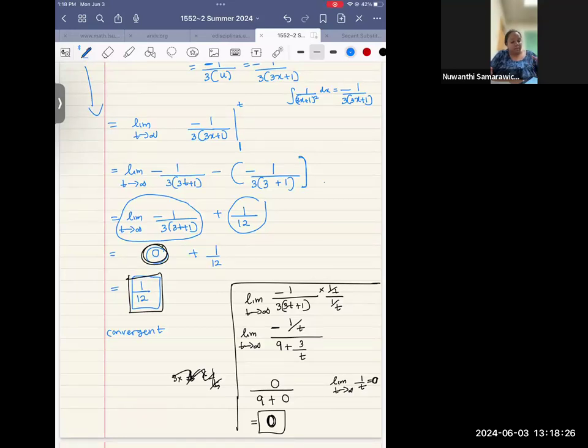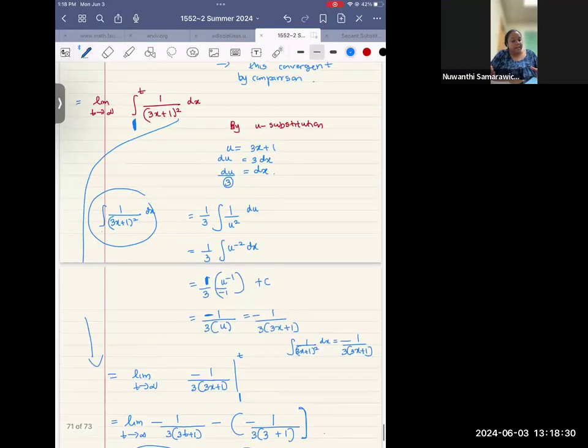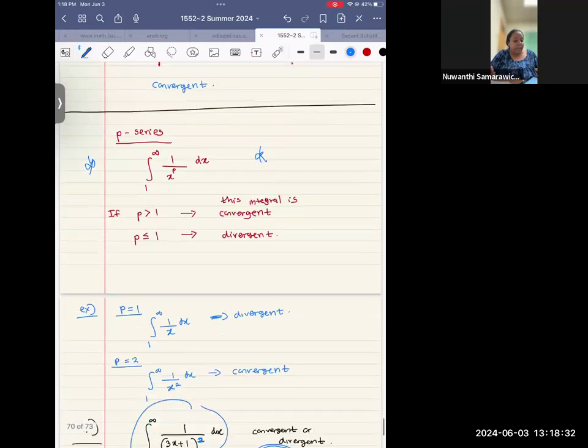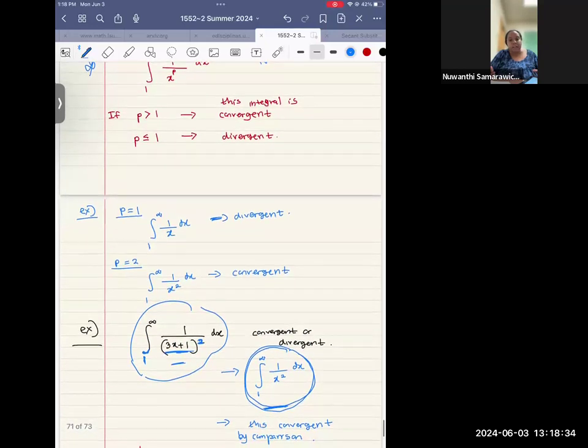So we proved that this is convergent, but like I said before, if we use comparison, 1 over 3x plus 1 to the power 2 is kind of the same as 1 over x squared, right? Because the lower limit and upper limit are same.